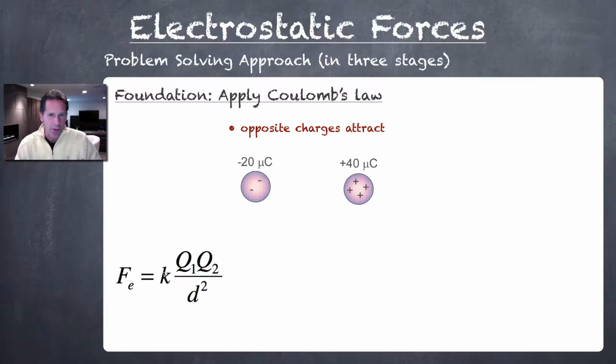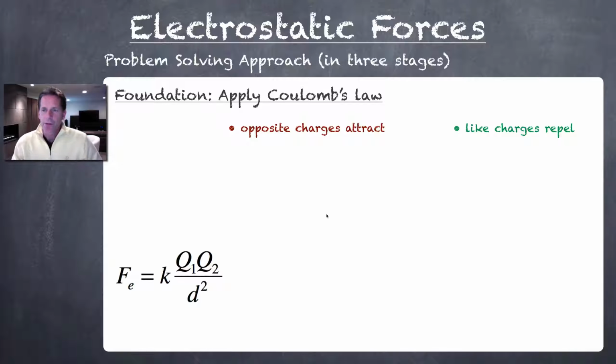Other things you may recall from earlier screencasts we've done is that opposite charges attract each other. So here we have a negative 20 microcoulomb charge and a positive 40 microcoulomb charge. They will exert equal and opposite attractive forces on each other. In another screencast we did, you saw situations where similar charges repelled each other.